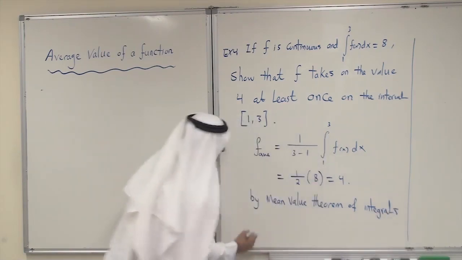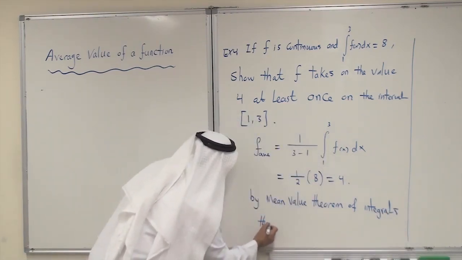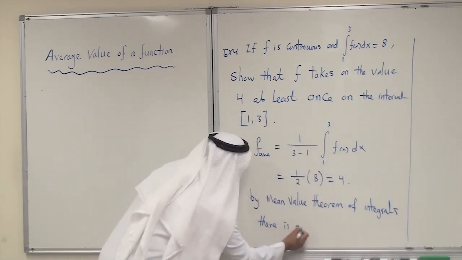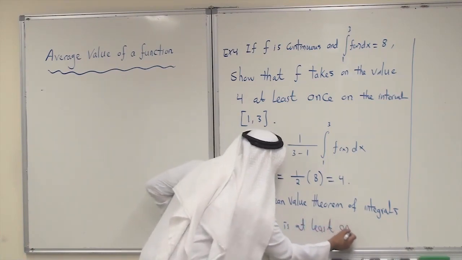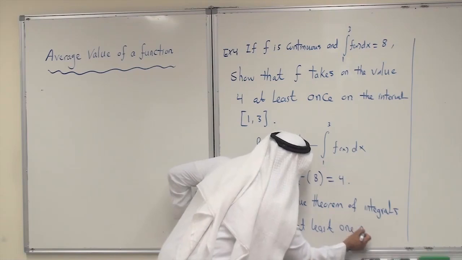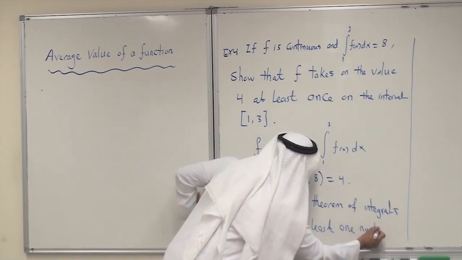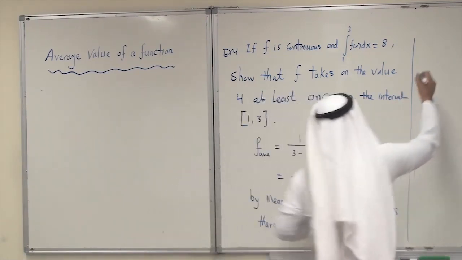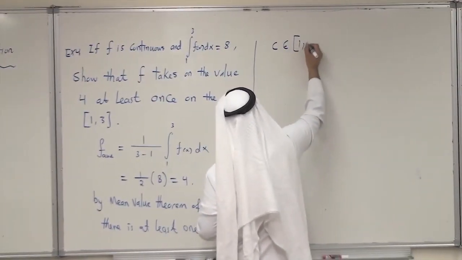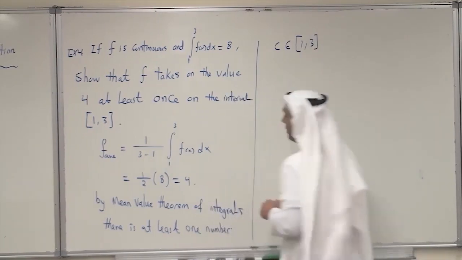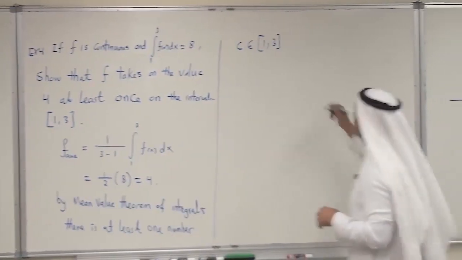What is the result? There is at least one value c, one number c that belongs to the interval 1 and 3, because we apply it in this interval. Okay, what is the property of that c?